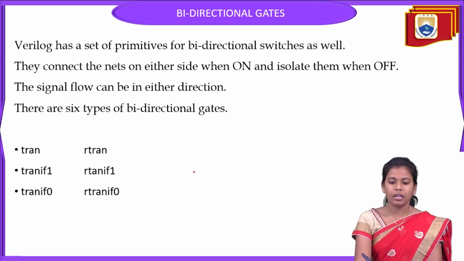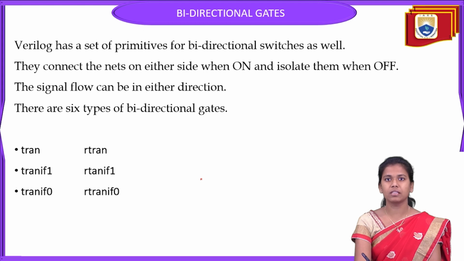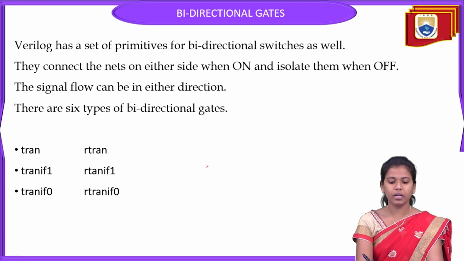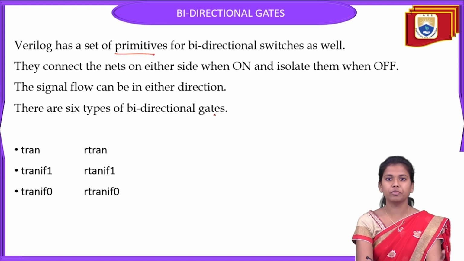So here, regarding this bidirectional case, as we know, the Verilog library has 26 sets of gate primitives. Basically, Verilog has a set of primitives for bidirectional switches as well.